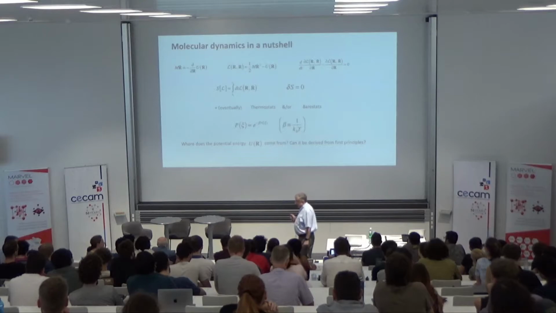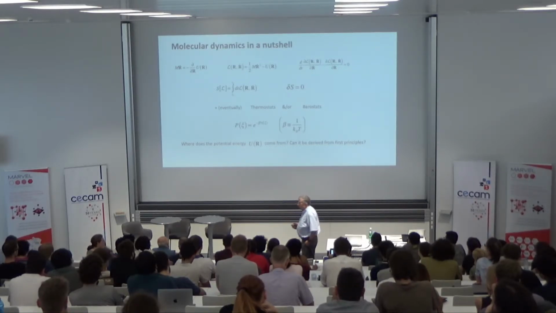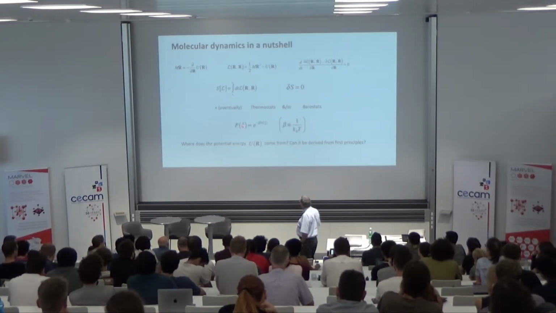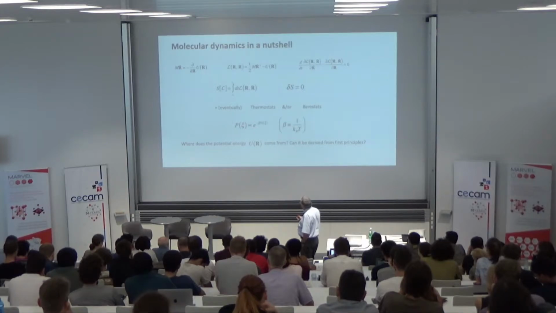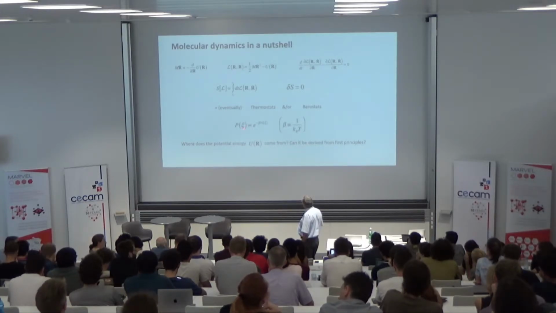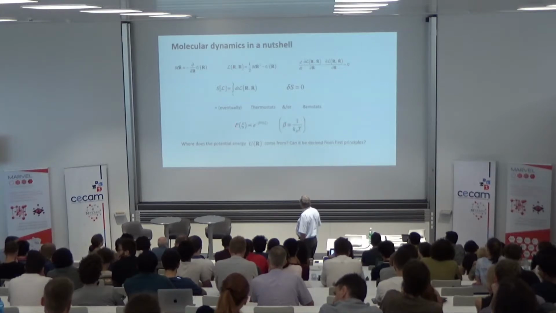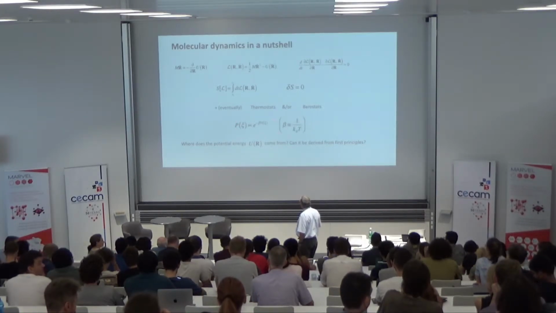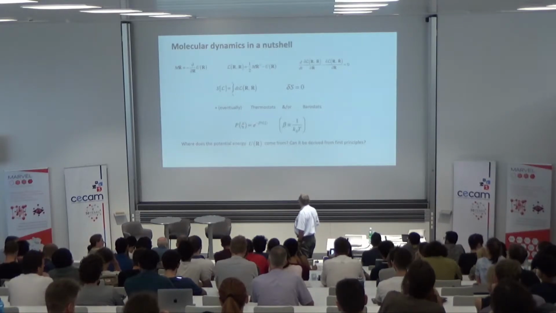Here I use the canonical distribution, but other distributions are also possible. With the straightforward Newton's equation, we have the microcanonical, but in this case we generate configurations psi that are distributed in a way that is proportional to this Boltzmann weight.